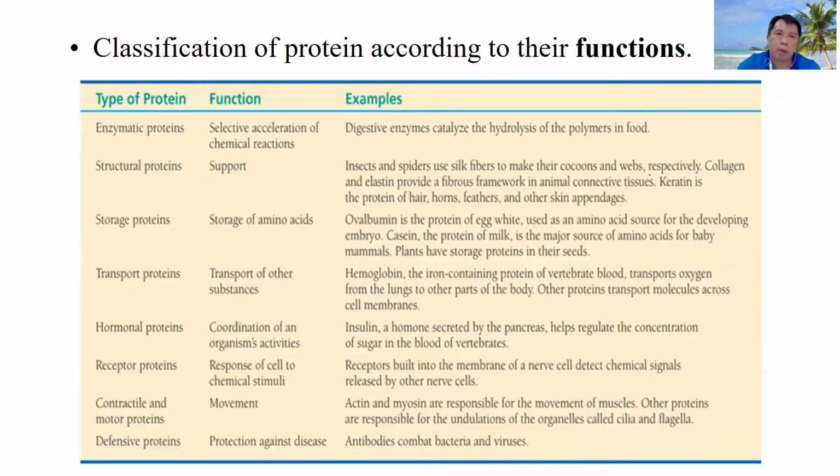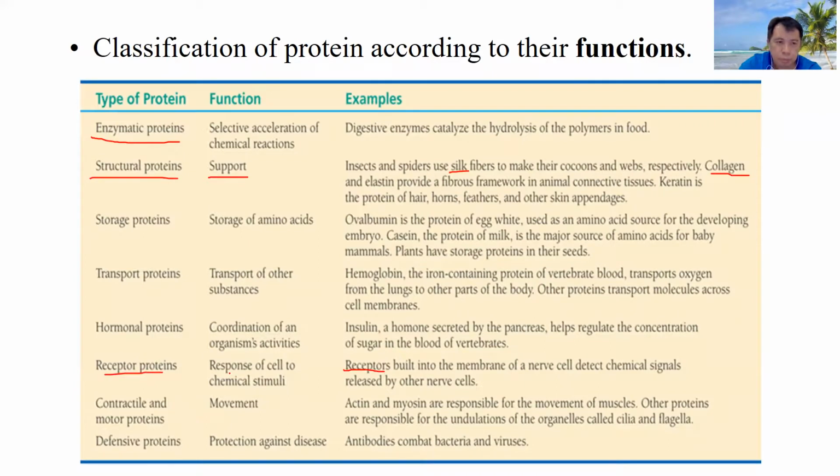Then we can also classify proteins according to their function. If the proteins have a catalysis function, we classify them as enzymatic proteins. Silk and collagen, we classify as structural proteins for support. The ones found on the plasma membrane as receptors, we call receptor proteins.